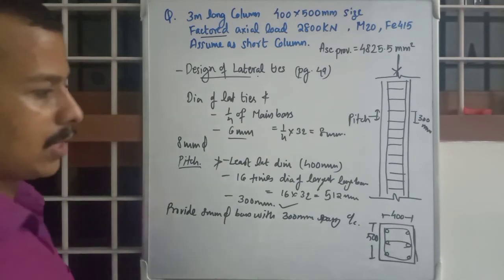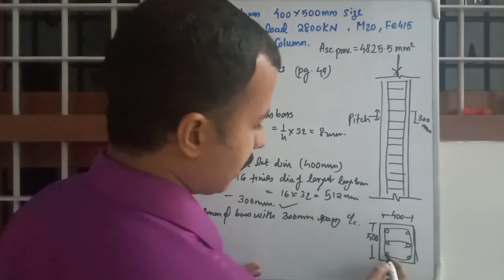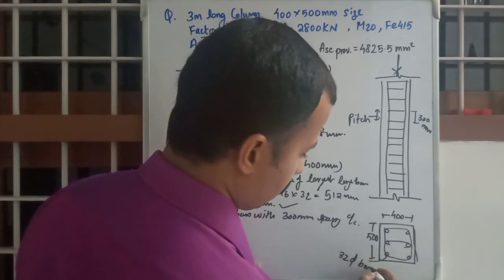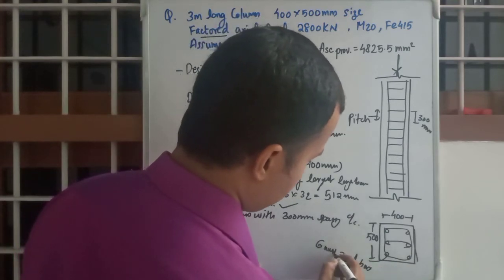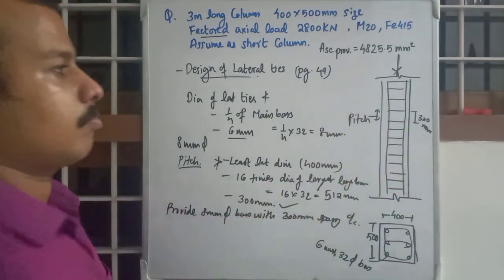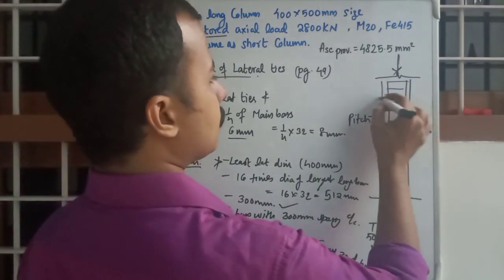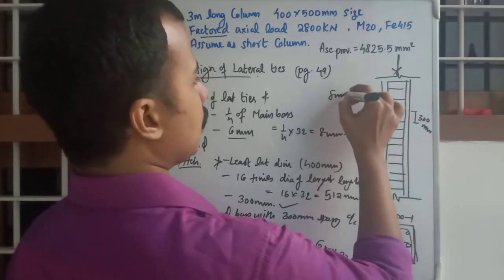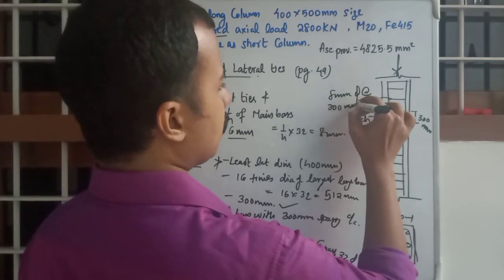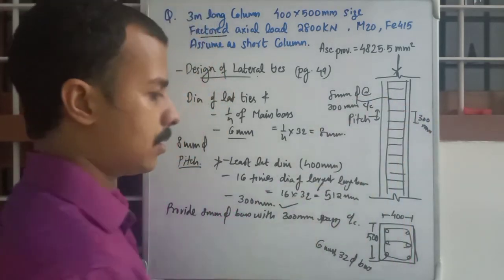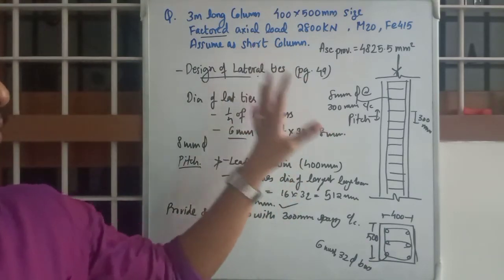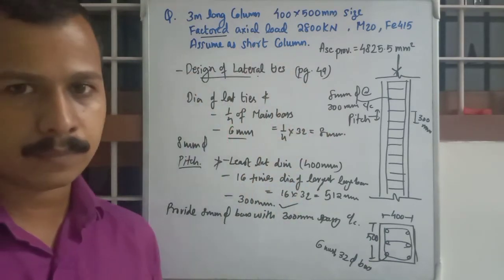Okay, so you have designed the main reinforcement bars as 6 numbers of 32 diameter bars, and ties are 8 mm diameter at 300 mm center to center spacing. Okay, so this is how we design a simple short column.